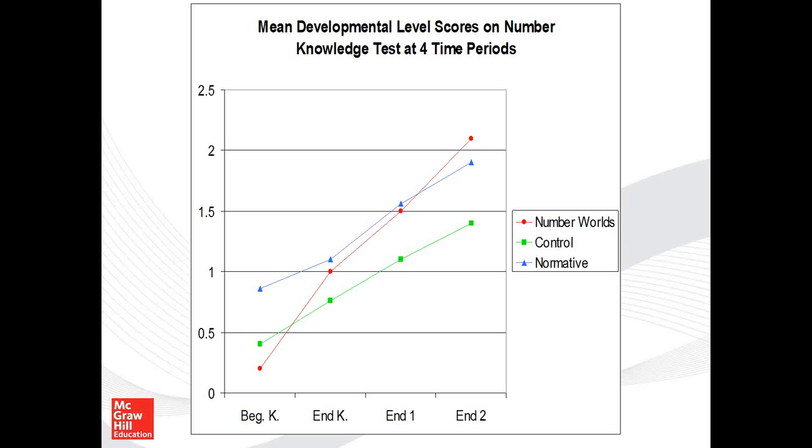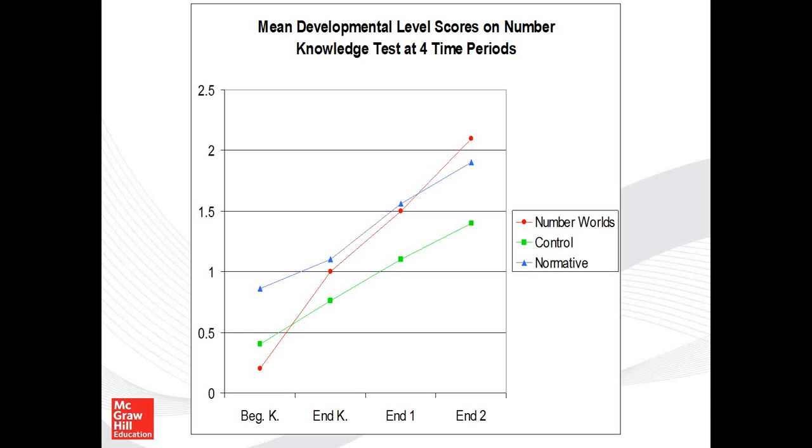By the end of kindergarten, all of the students have just turned 6. Their score is just a little bit higher than the 6-year-old mark. At the end of first grade, they're exactly where they should be at the 7-year-old point. And at the end of grade 2, they're almost where they should be, which is at the 2 developmental level on this test.